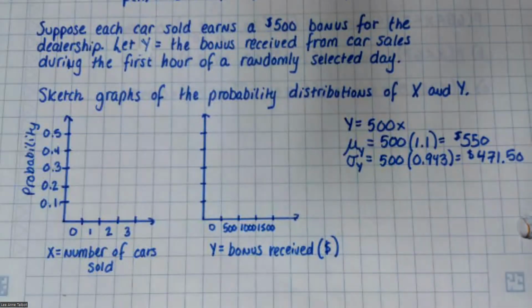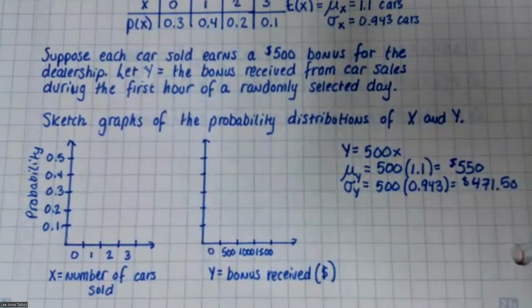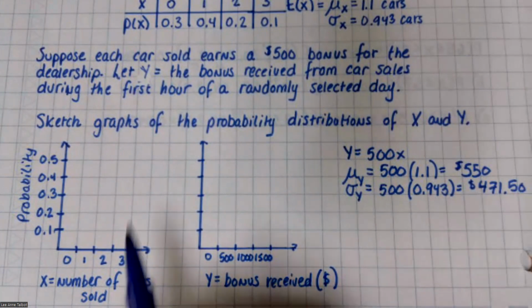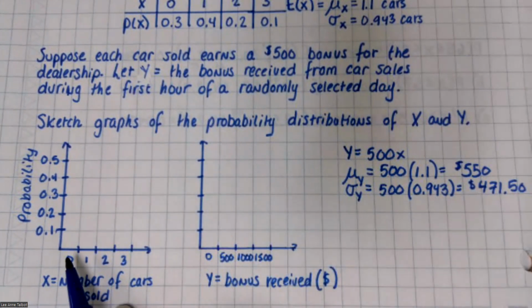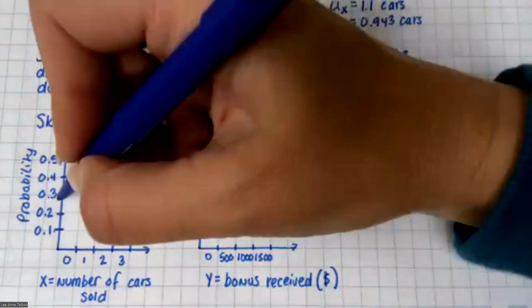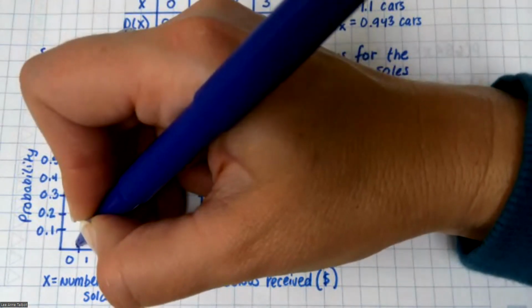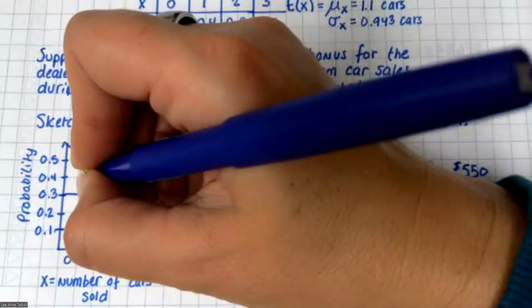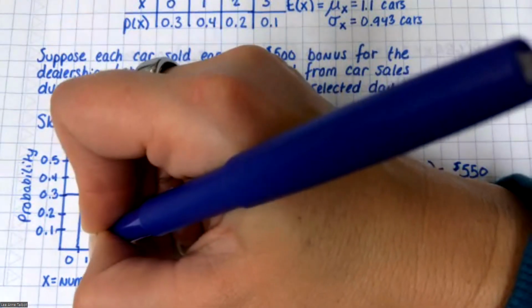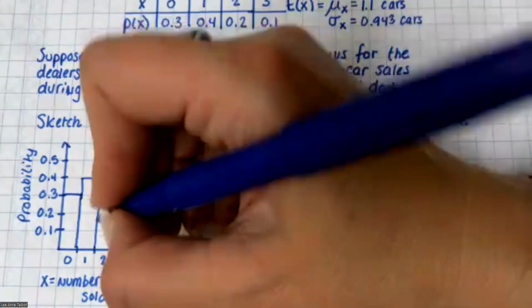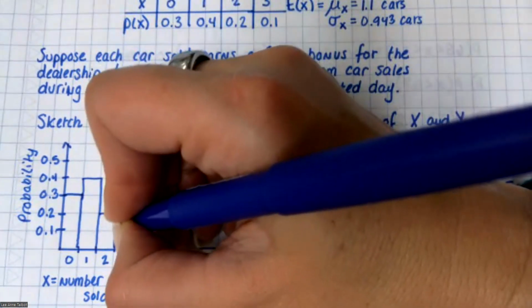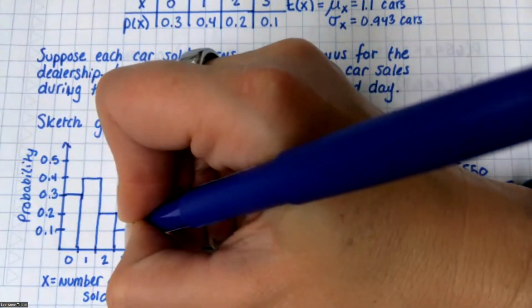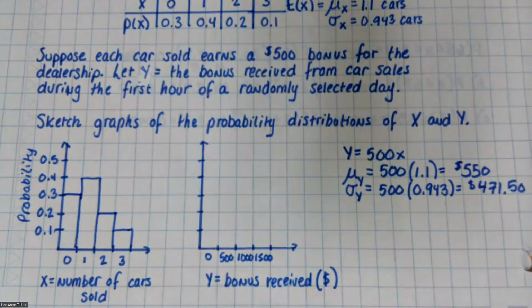Okay, so what should I do here? How high should this bar be? 0.3. And this bar? 0.4. 0.2. 0.1. Okay.